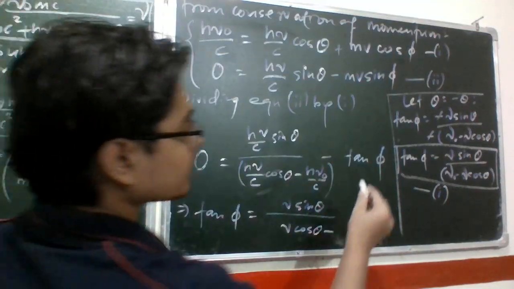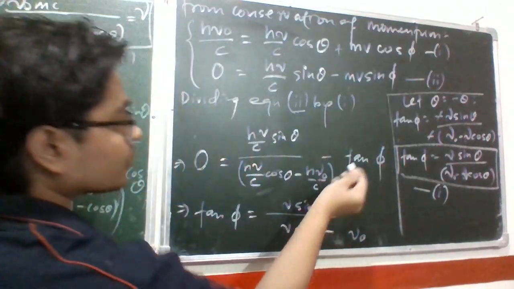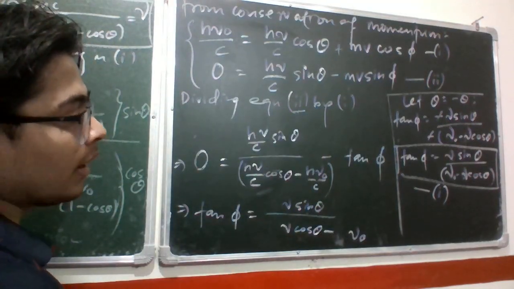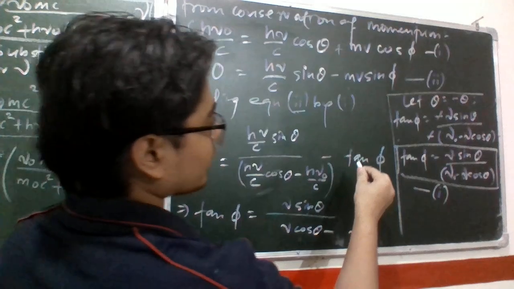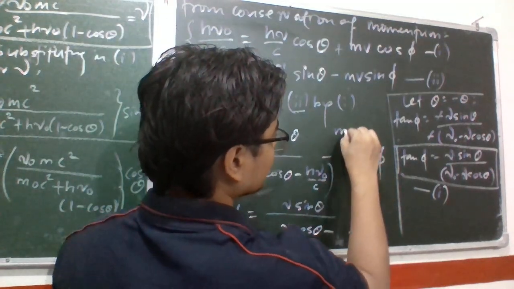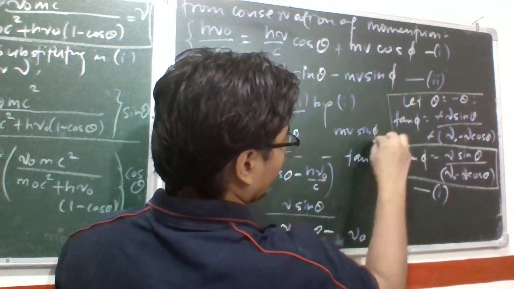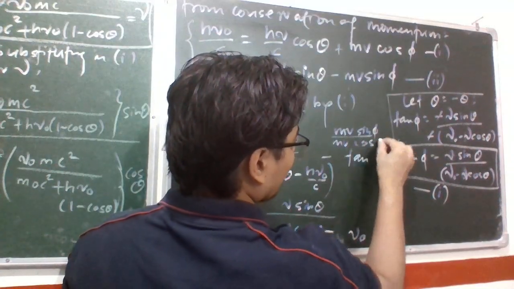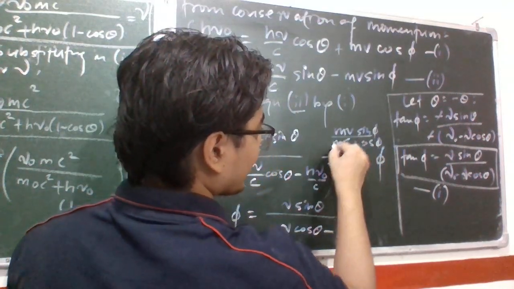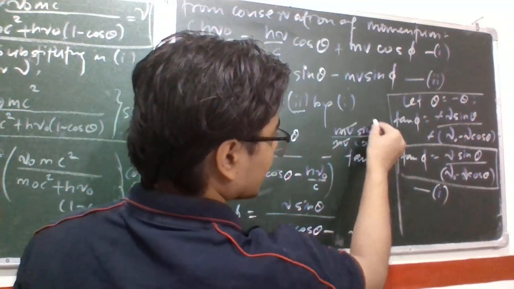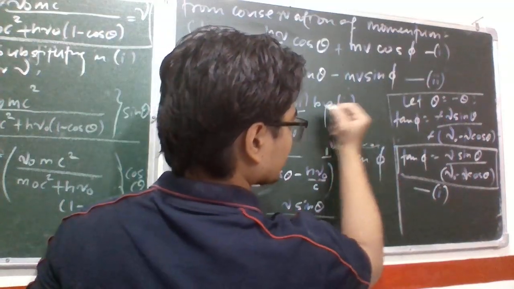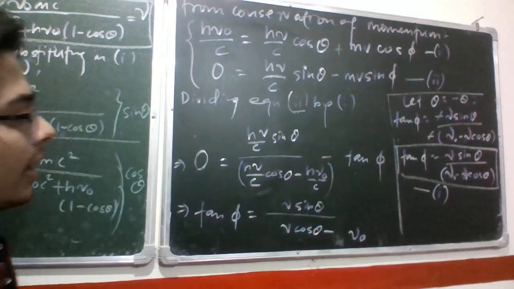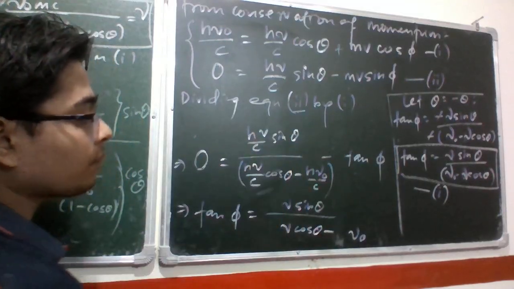When I divide the second equation by the first equation, I would get something like this. Here, notice that I have divided these two terms. When I cancel these, I would just get tan of phi. This is how I got tan of phi here, and this is obvious.